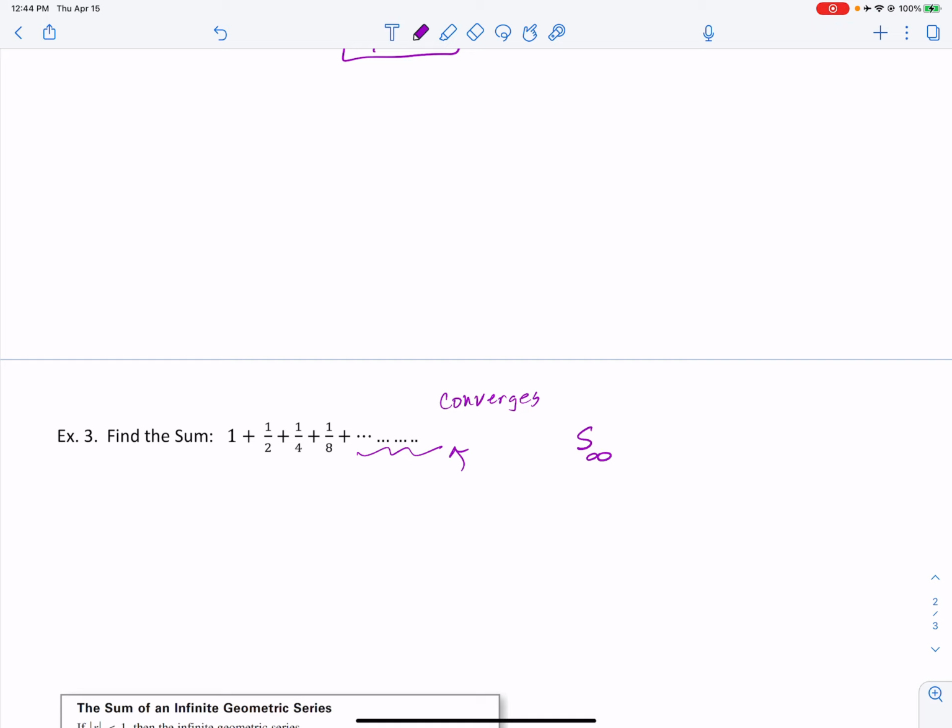And if I look at my finite sum, my first term here is 1. 1 minus 1/2. And now I'm going to be taking it to infinity all over 1 minus 1/2. So we're developing a formula here.